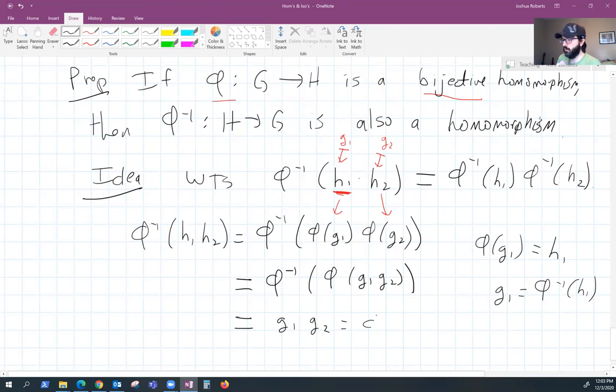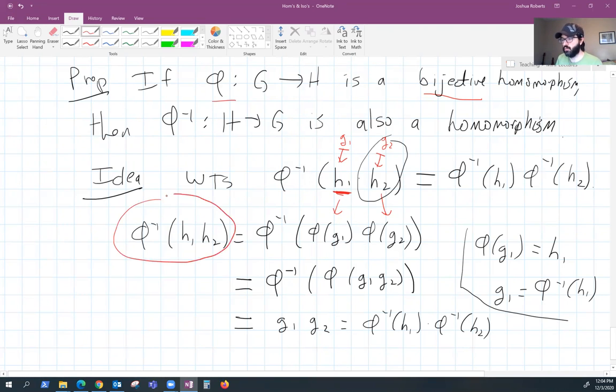So this is equal to phi inverse of H1 times phi inverse of H2, because H2 is defined this way, so I just take the inverse. And so at any rate, I get that phi inverse of H1 times H2 is phi inverse of H1 times phi inverse of H2. So we've shown that if I start out with a bijective homomorphism, then the inverse function is also a homomorphism.